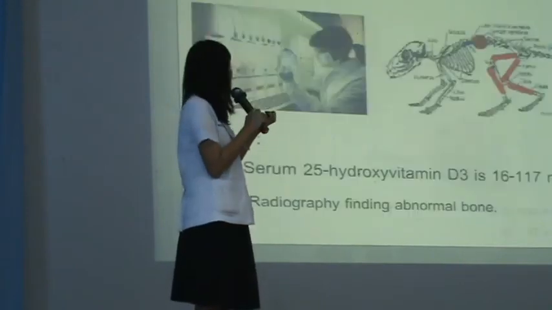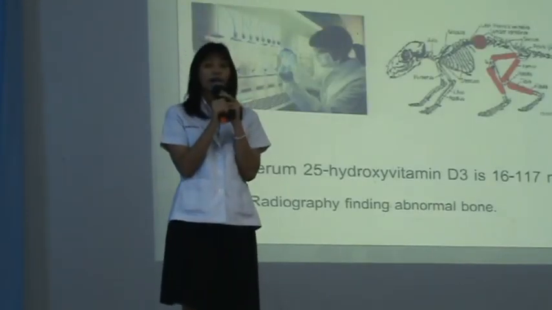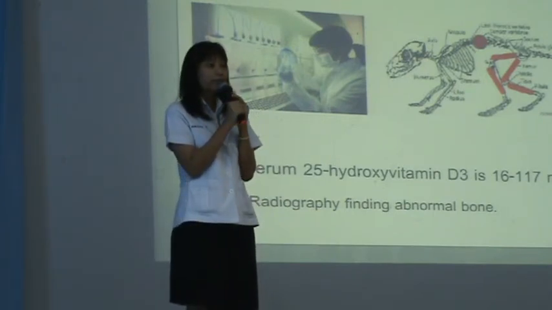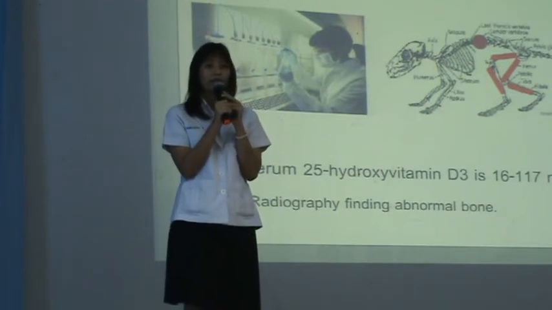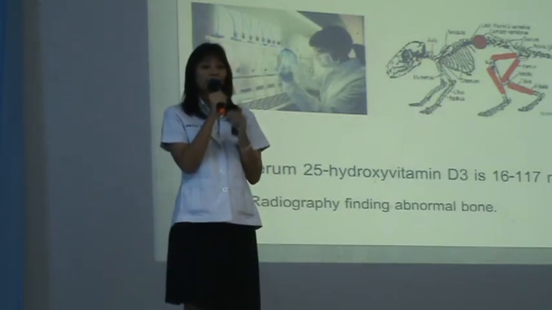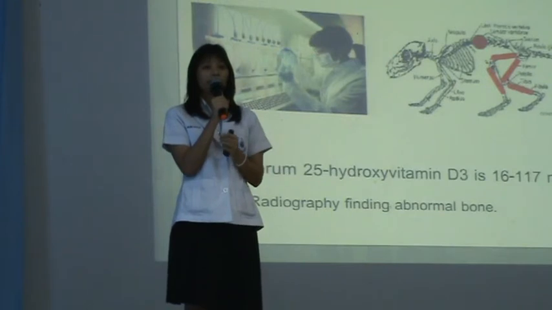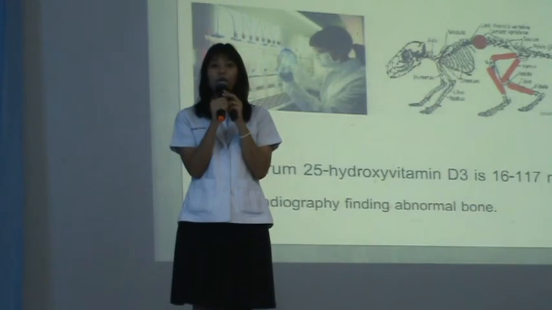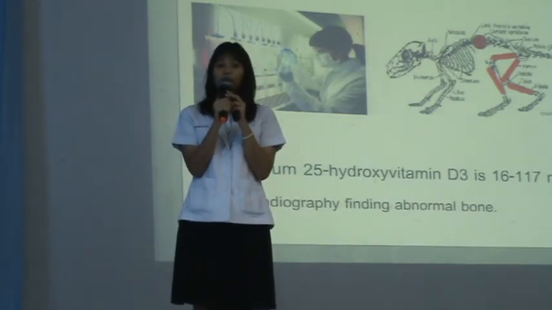Then they measured serum 25 hydroxy vitamin D3, found 16 to 170 nanomole per liter, and radiographic findings of the metaphysis of the distal femur and periosteal shape of the mid-shaft tibia. The researcher showed the effect of vitamin D deficiency on abnormal bone.